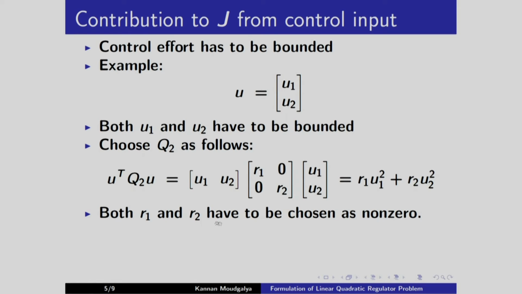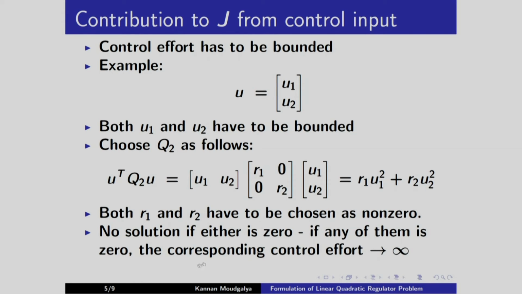Both R1 and R2 have to be chosen as non-zero. There is no solution to this problem if either one of these two is taken as 0. If any of them is 0, the control law calculation will result in the corresponding control effort going to infinity. Basically it says that if any element is 0, then that control effort costs nothing, and so we can take it to infinity.